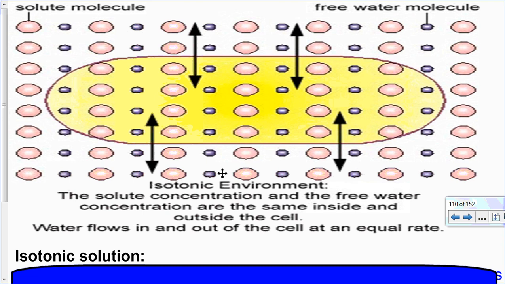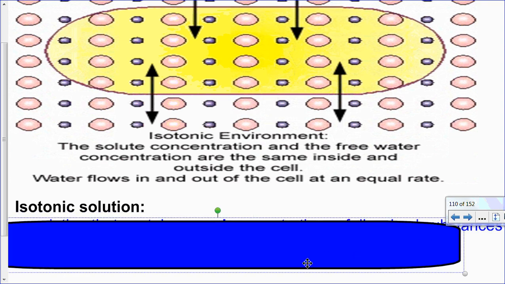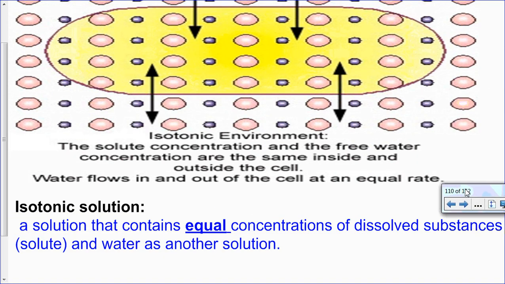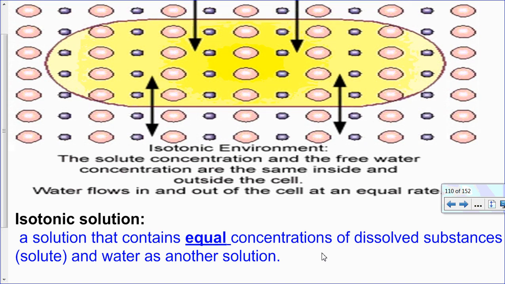And so the movement of molecules wouldn't stop even when they've reached equilibrium, but there would be no net gain or net loss of water molecules in this sort of environment if the cell was placed in it, because all the solute and water is equal. And so we refer to this as an isotonic solution. A solution that has equal concentrations of solute, dissolved substances, and water as another solution.